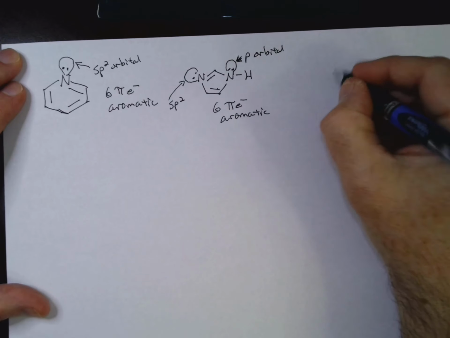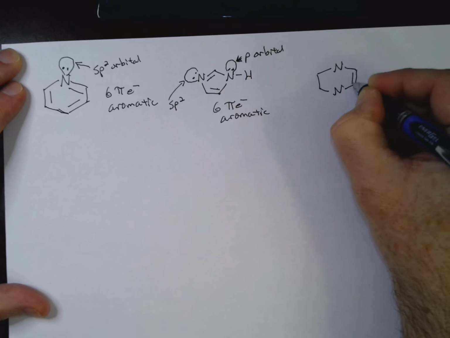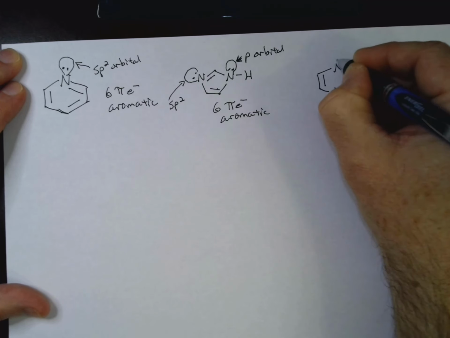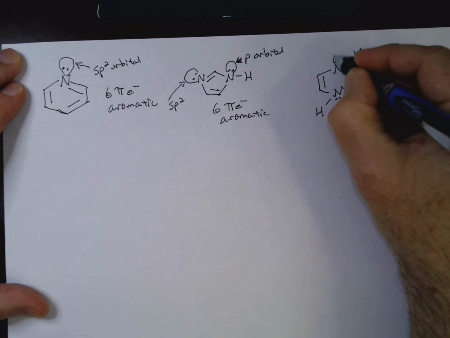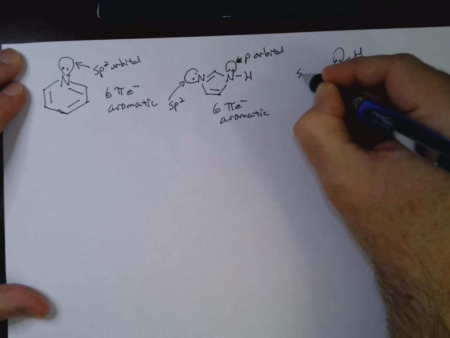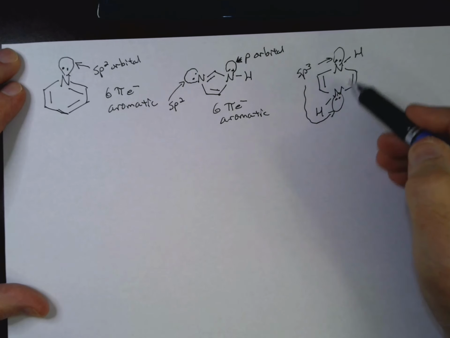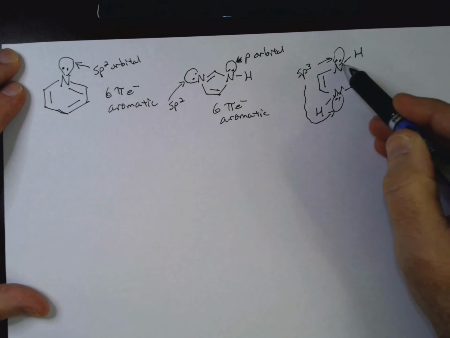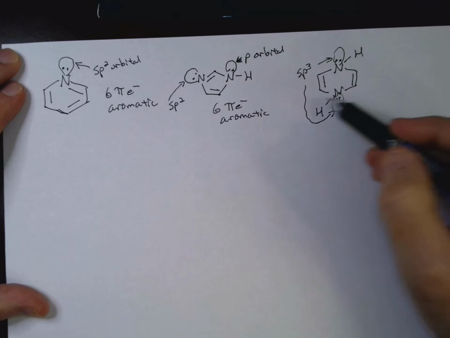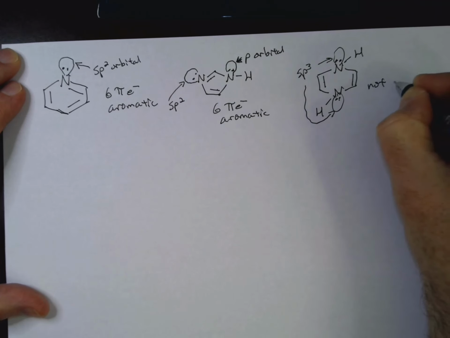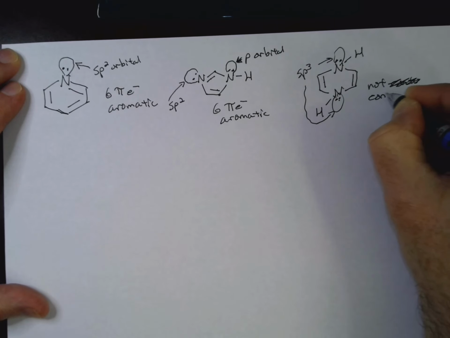All right, what if we had something like this? Sorry, add in the hydrogens here. Now, these guys would be sp3. Why is that? Why not p? Well, if both of them were in p orbitals, we would have 2, 4, 6, 8 pi electrons. So instead, they're going to be sp3, and it's not a continuous ring.